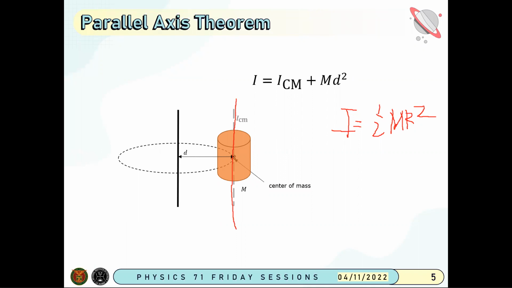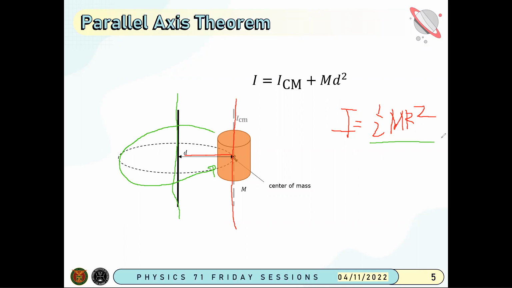However, kapag yung rotational axis ay wala sa center of mass, like at a distance d from the center of mass, ito na yung bagong axis of rotation. So yung solid cylinder is nagro-rotate along this. Then hindi na applicable yung 1/2 mr squared.